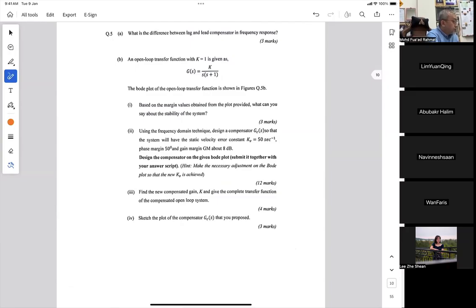Using the frequency domain technique, design a compensator Gc(s) so that the system will have the static velocity error constant Kv equals 50 s^-1, phase margin 50 degrees and gain margin about 8 decibels. Design the compensator on the given Bode plot, submit it together with your answer script. Make the necessary adjustment on the Bode plot so that the new Kv is achieved. Find the new compensated gain K and give the complete transfer function of the compensated open loop system. Sketch the plot of the compensator Gc(s) that you proposed.